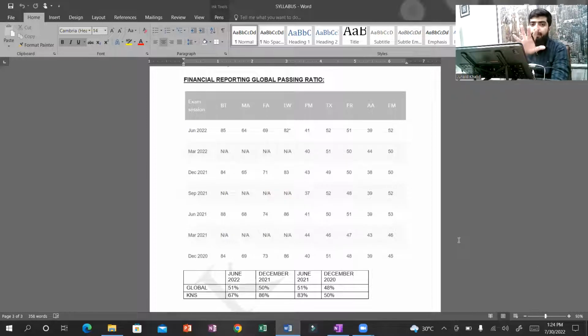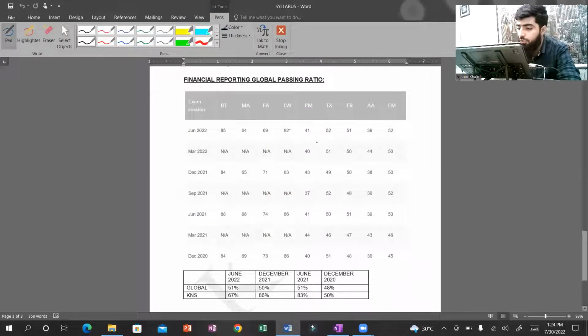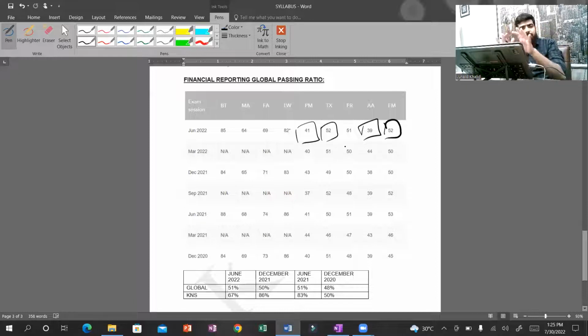If you compare F7 with other papers, I would say the global passing ratio of F7 is comparatively better than the others. Just look at the passing ratio of F5, that is 41% in the last attempt, and audit, that is F8, 39, F9 52, F6 52, and FR 51. It means reasonably a good global passing ratio.